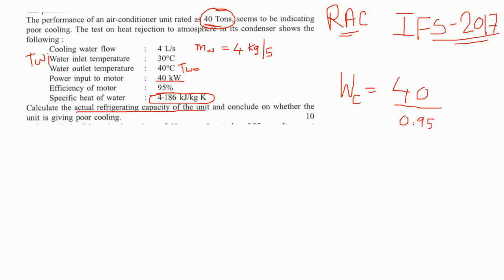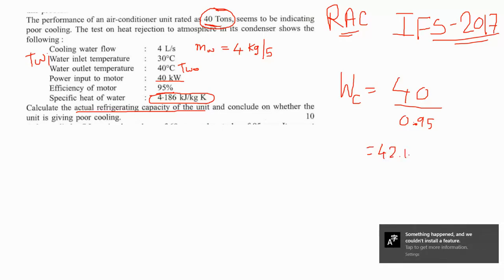As you know, for any unit that is power generating, like a turbine and engine, we multiply with efficiency, because it indicates that much amount of energy is lost. Here the efficiency indicates that much additional energy we have to give to compensate that loss. So it is coming out to be 42.10 kilowatt.